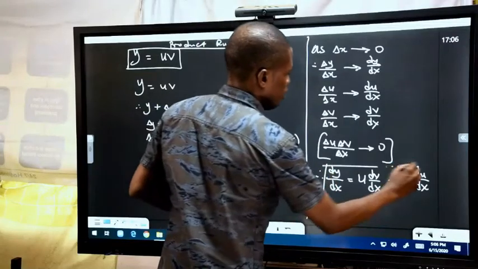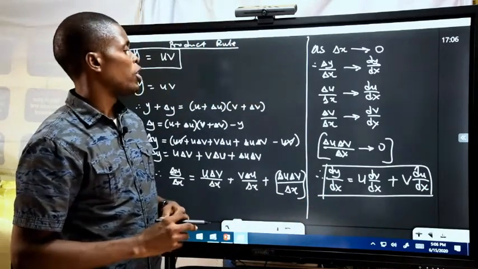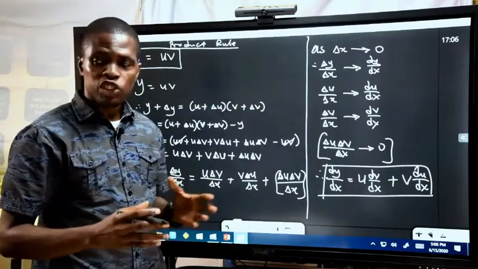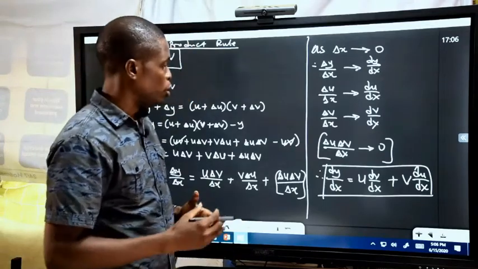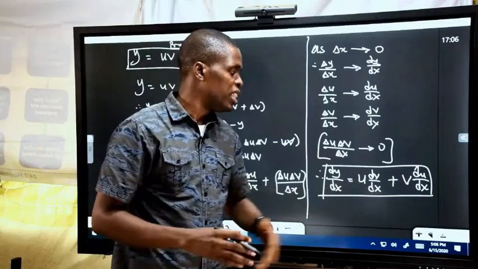So with this, we have derived the equation for what we call the product rule. Given y equal to uv, dy/dx is u dv/dx plus v du/dx.